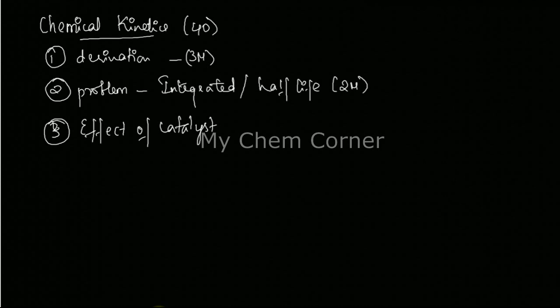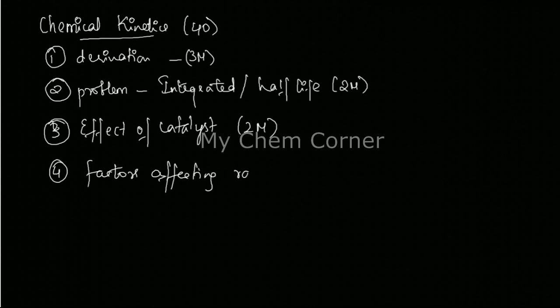So you have to learn the graph, label the graph, and explain why there's a change in the rate of reaction and what effect a catalyst has on activation energy. Again this is a 2-mark question. Then the next is factors affecting rate of reaction, which is again 2 marks.